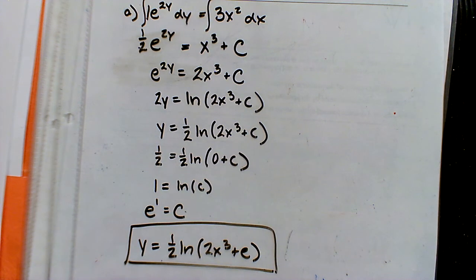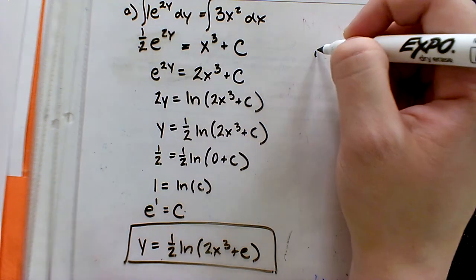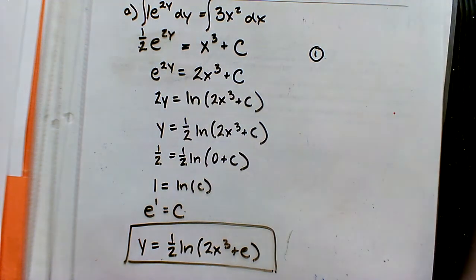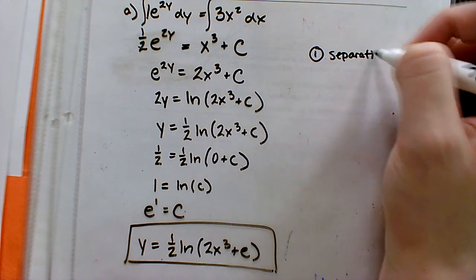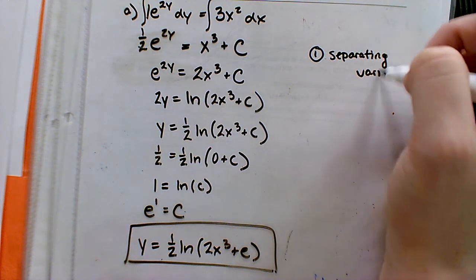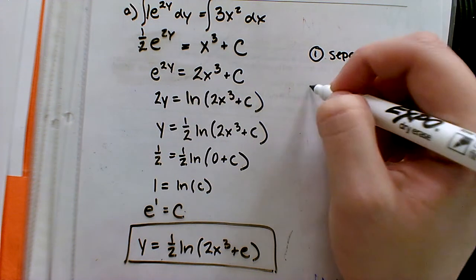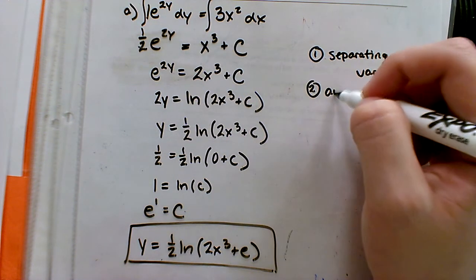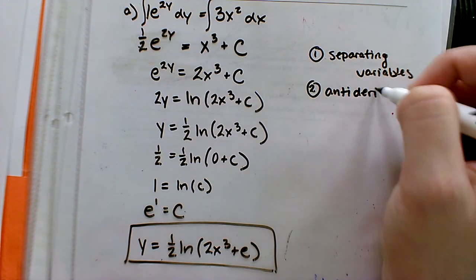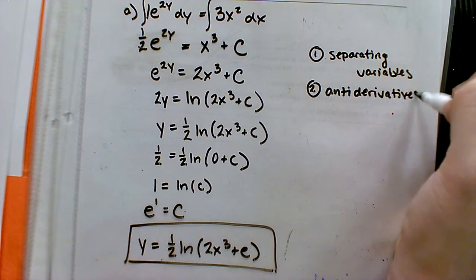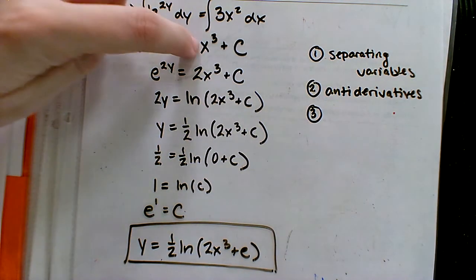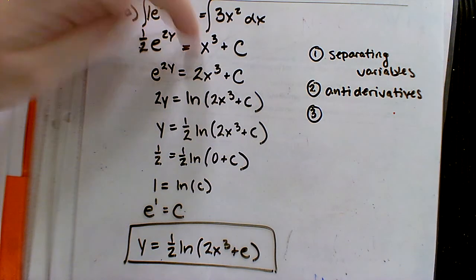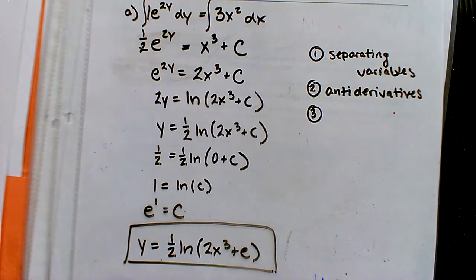All right, so by my count, okay, this is where I think the points would have been had. You would have got 1 point for separating the variables. You would have got another point for the correct antiderivatives. Both of them, okay, even if you had the x to the third power correct and this one was wrong, you would lose that point.